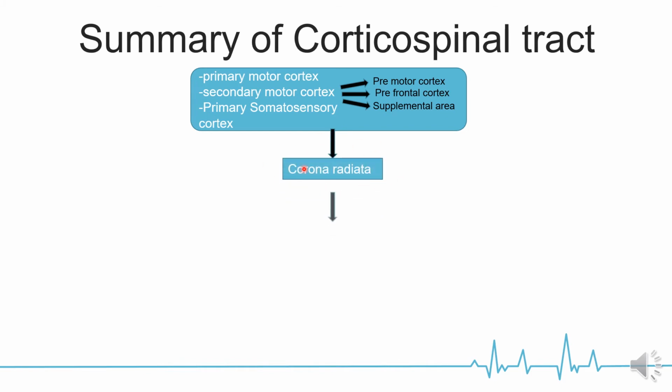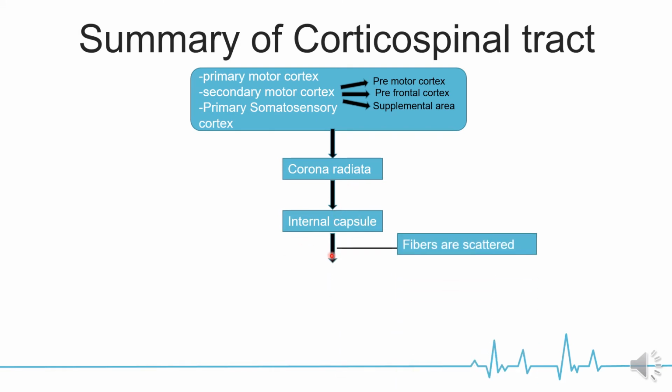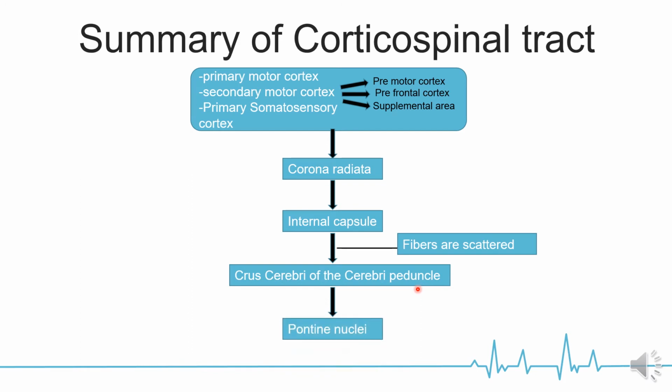From the corona radiata, it will enter the internal capsule. When the fibers leave the internal capsule, the fibers are scattered. The scattered fibers will descend to the crus cerebri of the cerebral peduncle to the pontine nuclei.